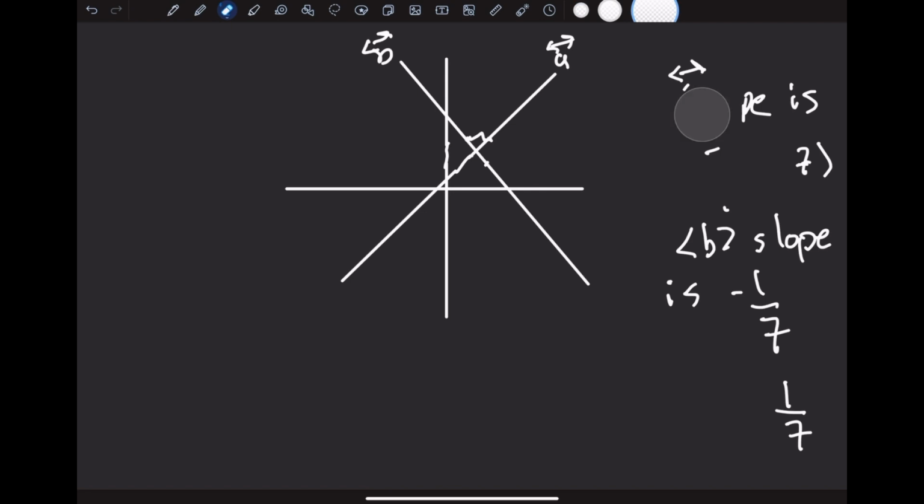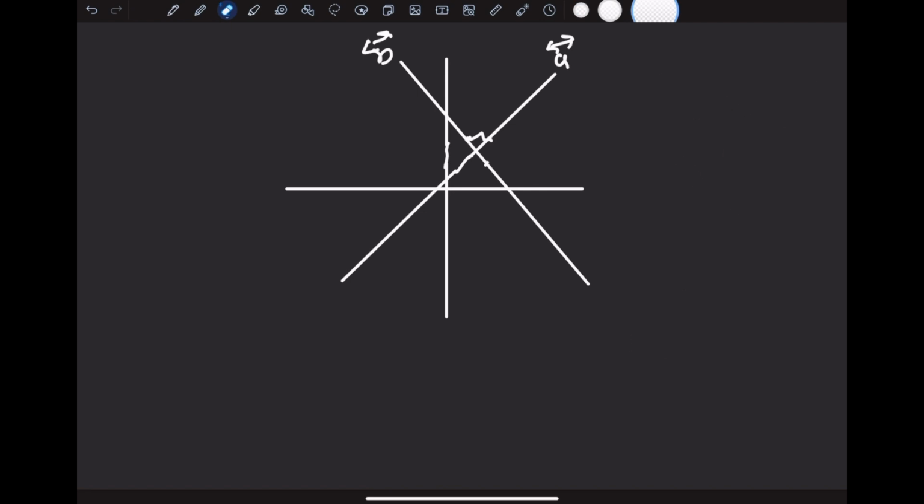So when given that, say you were given 2 points on this line, let's say 5, 12 and -3, -7.